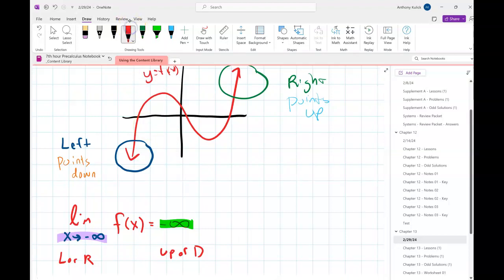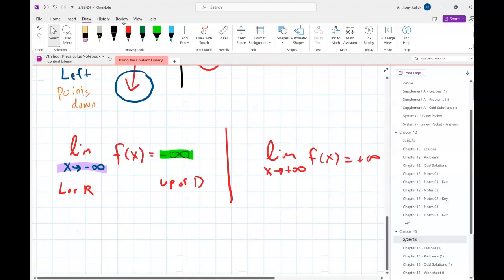So how would I write the limit for that one? I'd say the limit as x approaches positive infinity, because it's going to the right. And then I'll write the name of my function. And then this should equal positive infinity because it's pointing up. Excellent. Everybody feels okay with that? Okay.